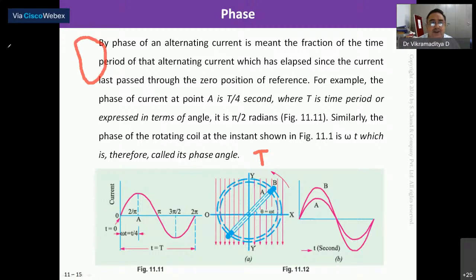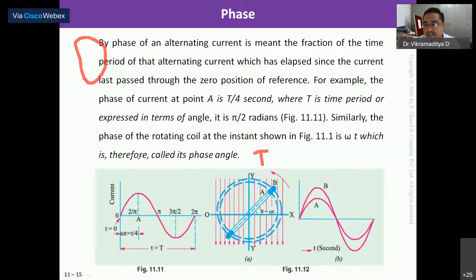So it is making an angle of how much? 360 degrees: 0, 10, 20, 30, 90, 180, 270 and 360 degrees. Whenever a cycle is there, something ends and begins again, so the angle traverses 360 degrees.